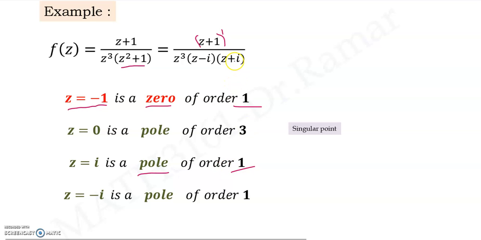Similarly, if z plus i is equal to 0, then z equal to minus i is a pole of order 1, because the degree of the factor z plus i is 1. So this is called a pole.